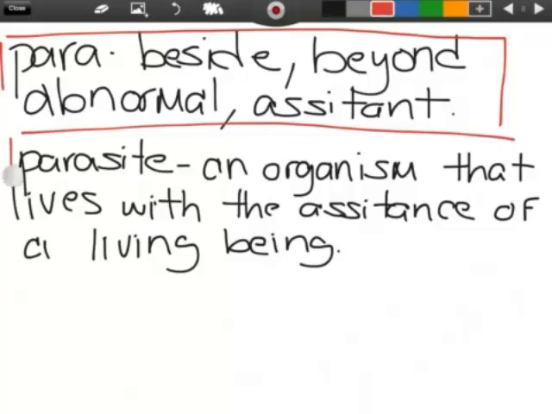I'm going to use parasite in a sentence.